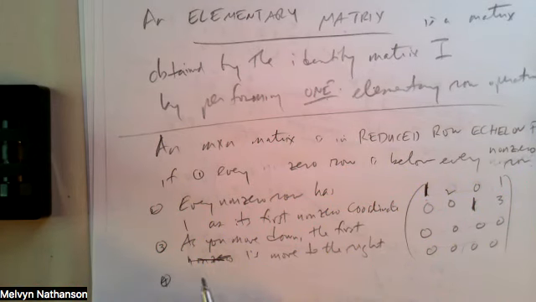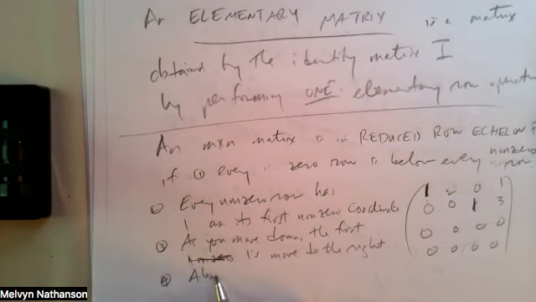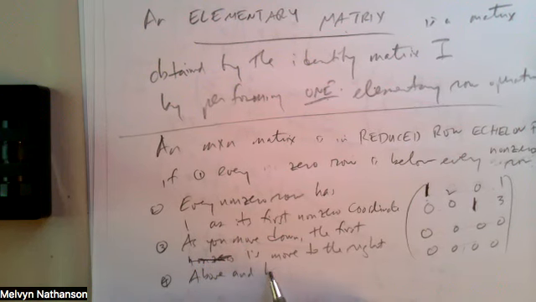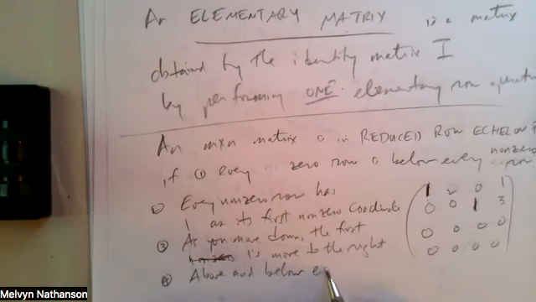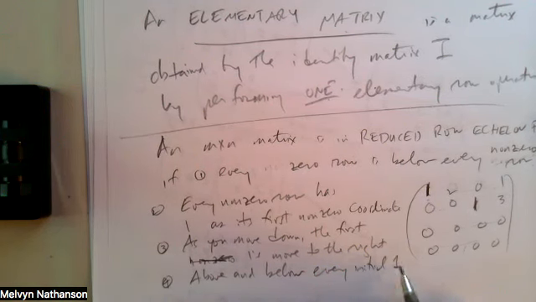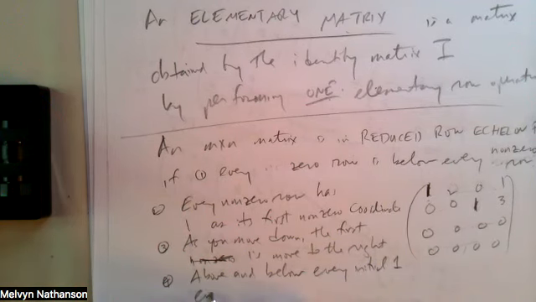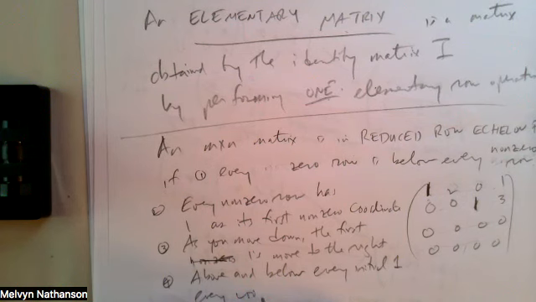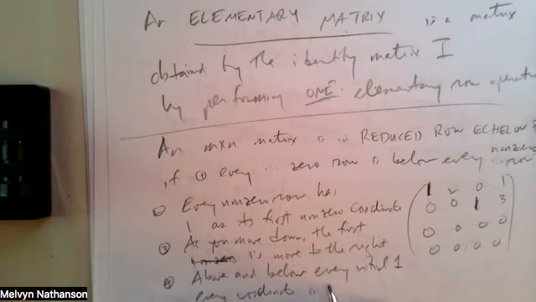And above and below every initial 1, that is coordinate 1, which is the first non-zero element on the row, every coordinate is 0.